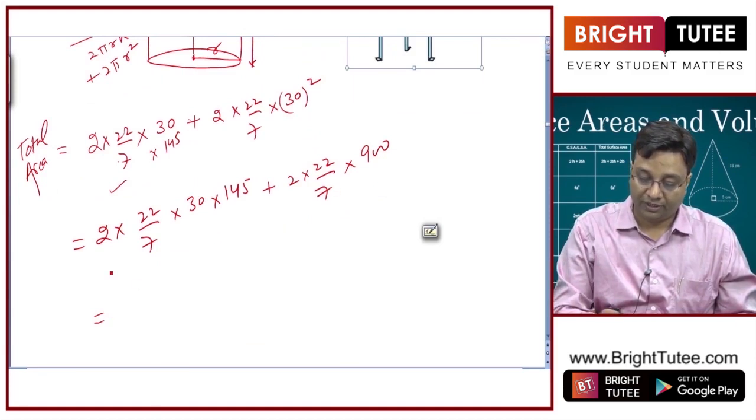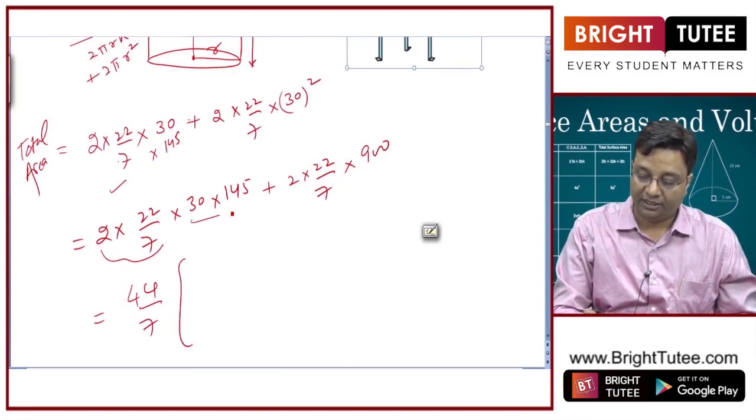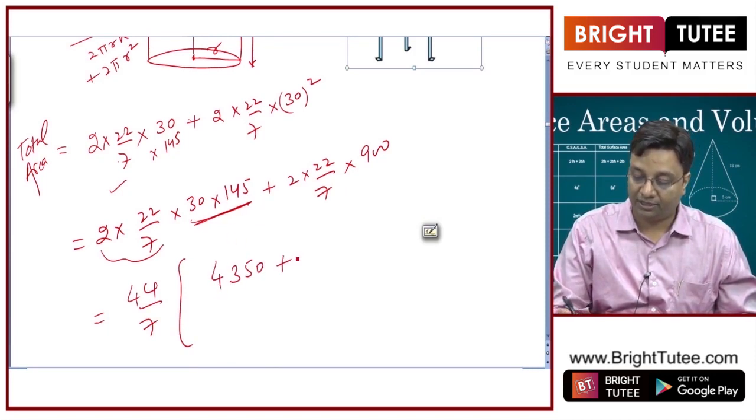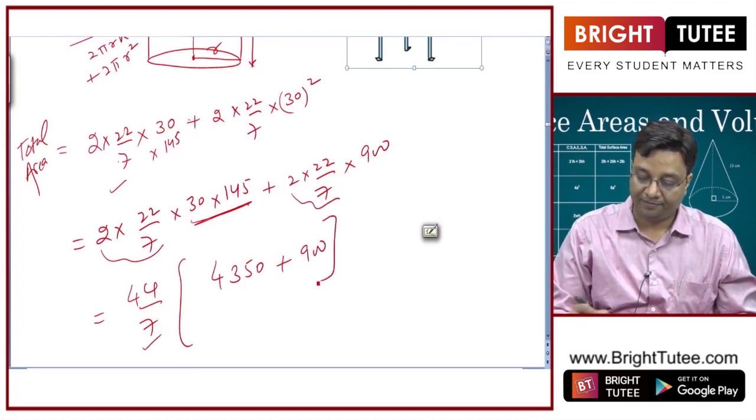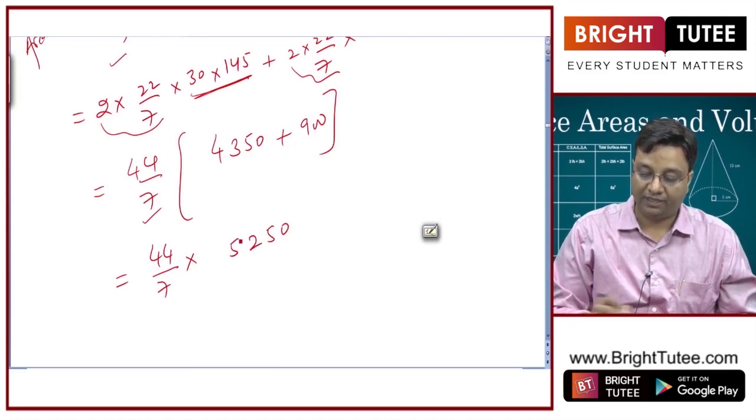So for the sake of calculation, we can take 2 into 22 by 7 outside. So this is 44 by 7, and here inside is 4350 plus, this has been taken outside, so 900 inside. So this is equal to 44 by 7 into 5250.